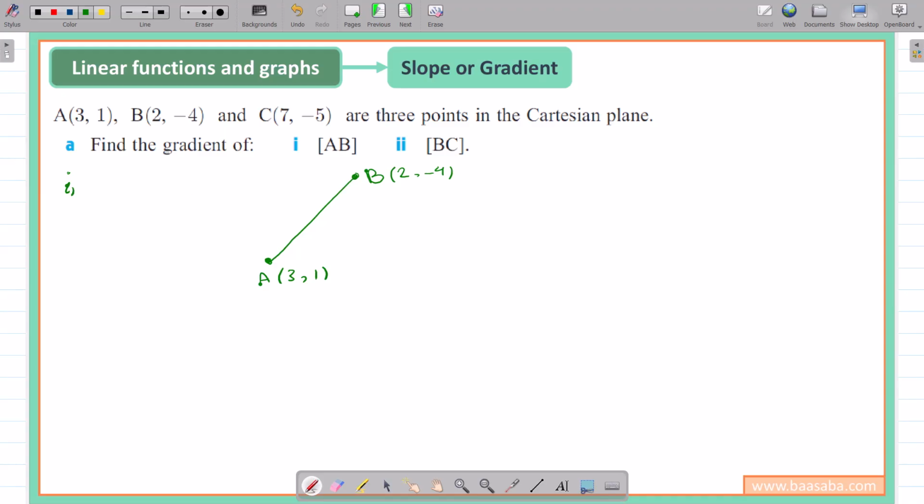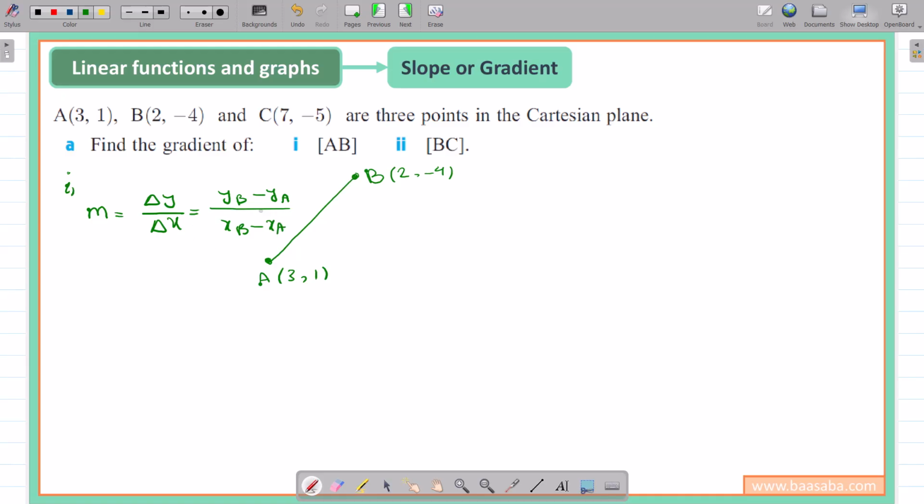What was the equation of the gradient or slope? I'm going to show it with m. It was delta y over delta x, or yB minus yA over xB minus xA.